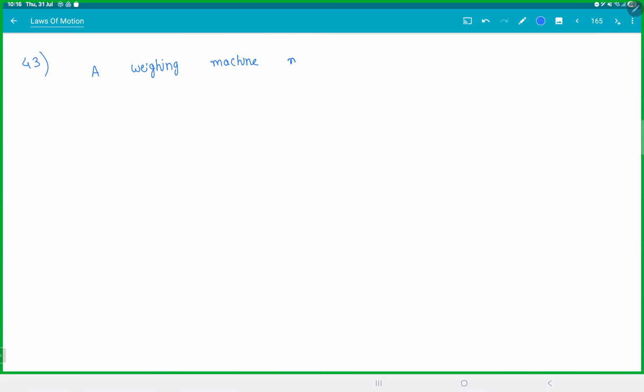A weighing machine measures normal reaction and it shows the reading N by g. Getting it? So there is a weighing machine, right?